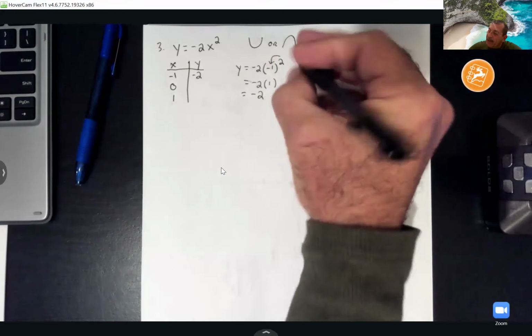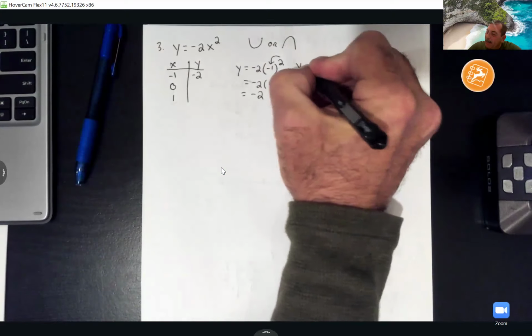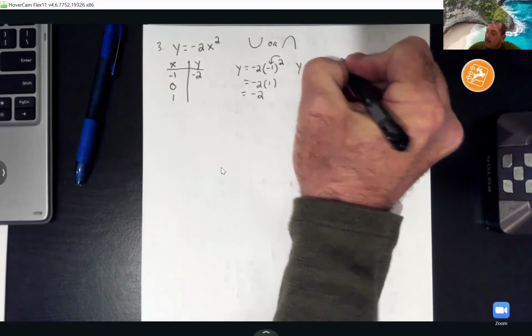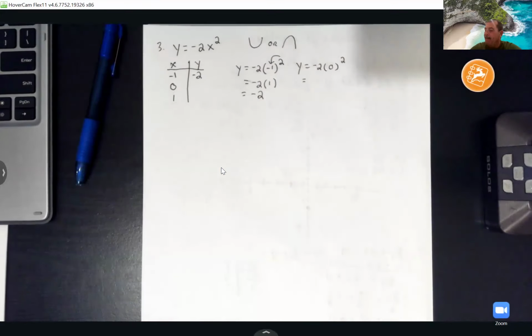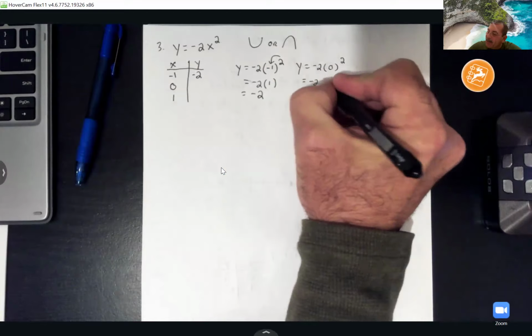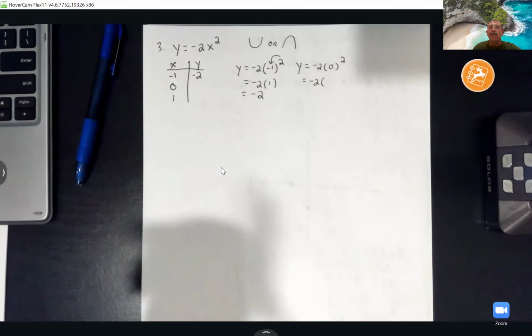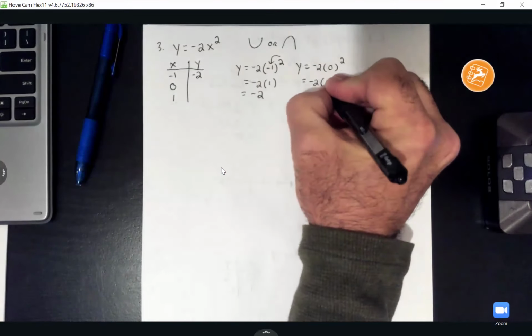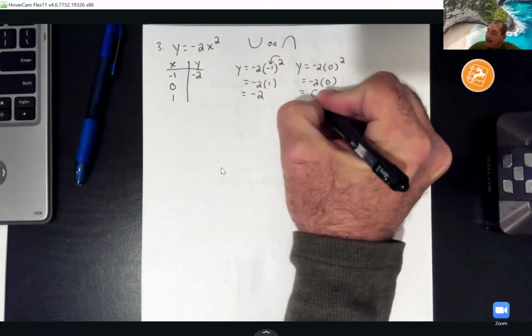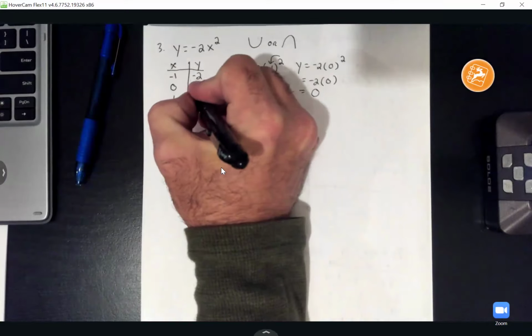And then look at that. We got -2 times 1, which gives us a -2. All right, so if y'all put a 0 in, what are we getting? We got -2 times 0 squared. Well, bring down that -2. 0 squared, well, 0 times 0 is a 0. And -2 times 0 is 0.